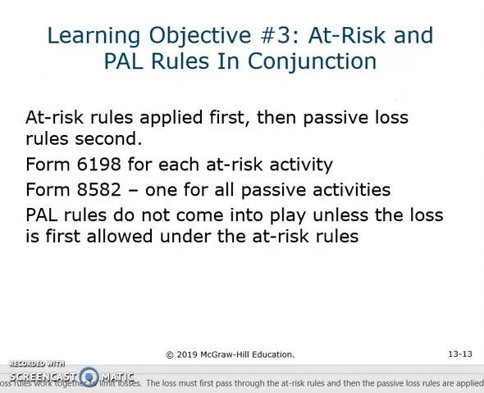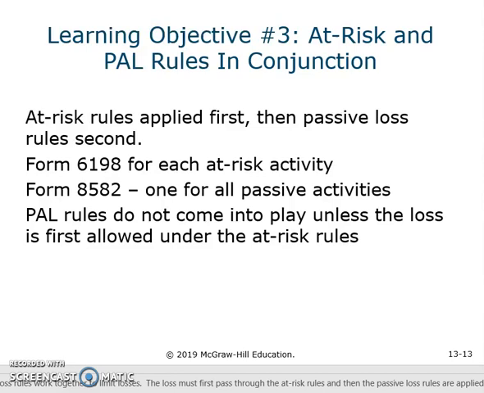So next we're going to discuss how at-risk rules and passive activity loss rules are used in conjunction. We need to apply the at-risk rules first and then passive loss rules second. So taxpayers would need to file Form 6198 for each at-risk activity and then Form 8582, one for all passive activities.